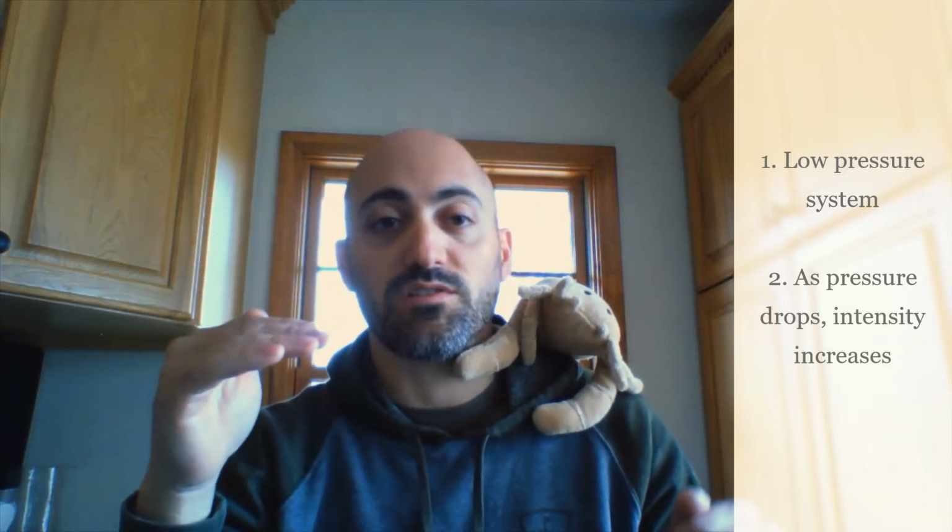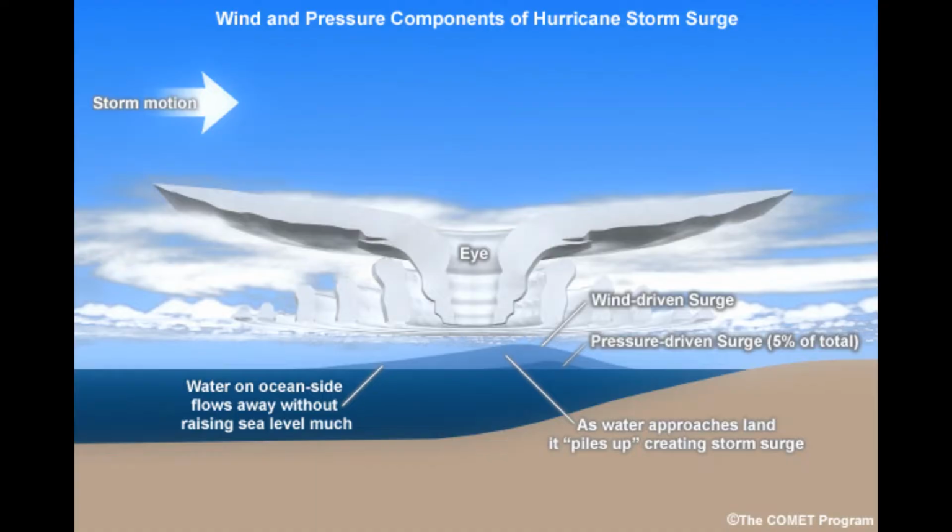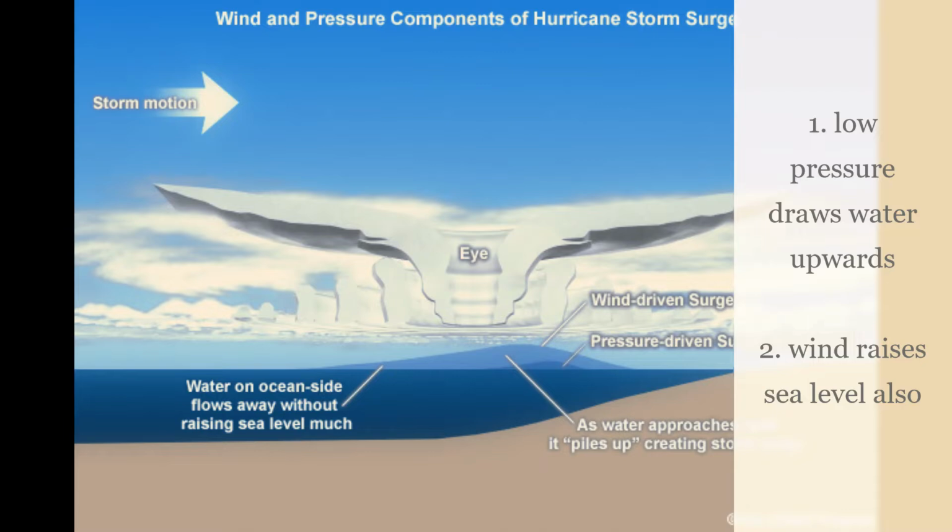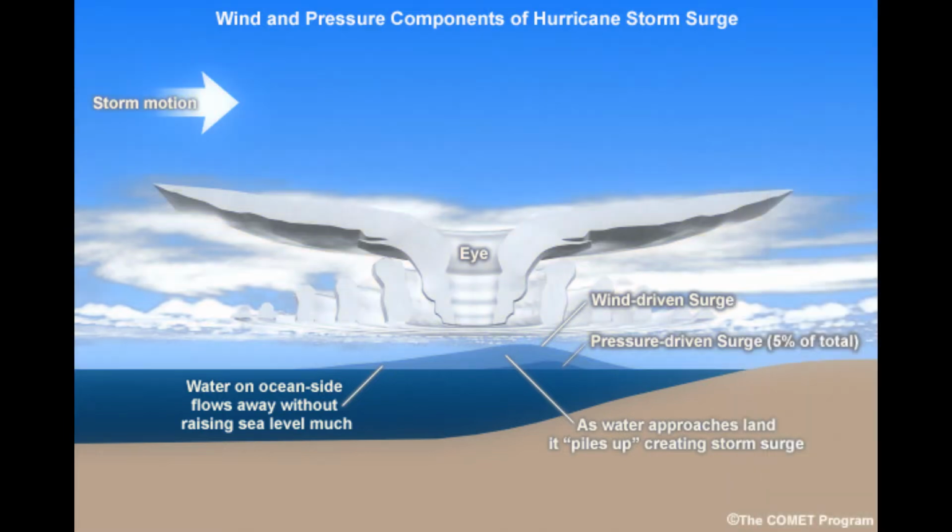The main things you got to know is that hurricanes are low pressure systems. As the pressure gets lower, the wind speeds pick up. And generally, as hurricanes come over landfall, the pressure is so low that the ocean will rise up a little bit, and that's what's called a storm surge.